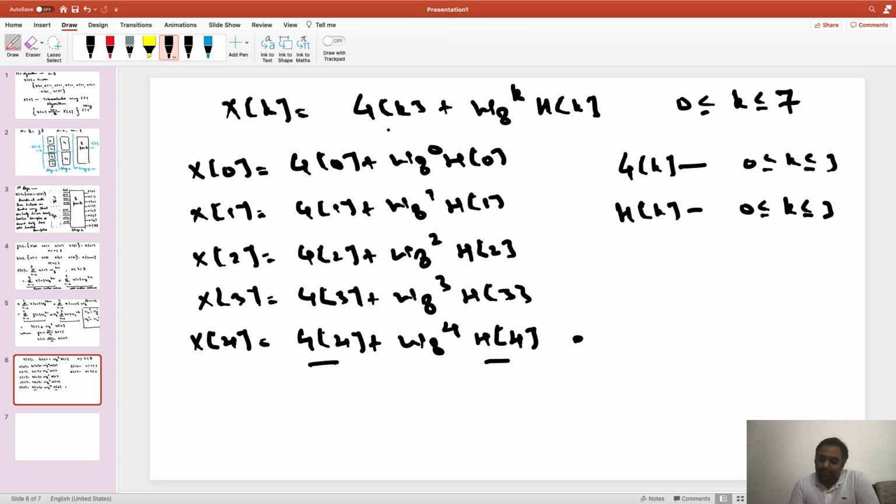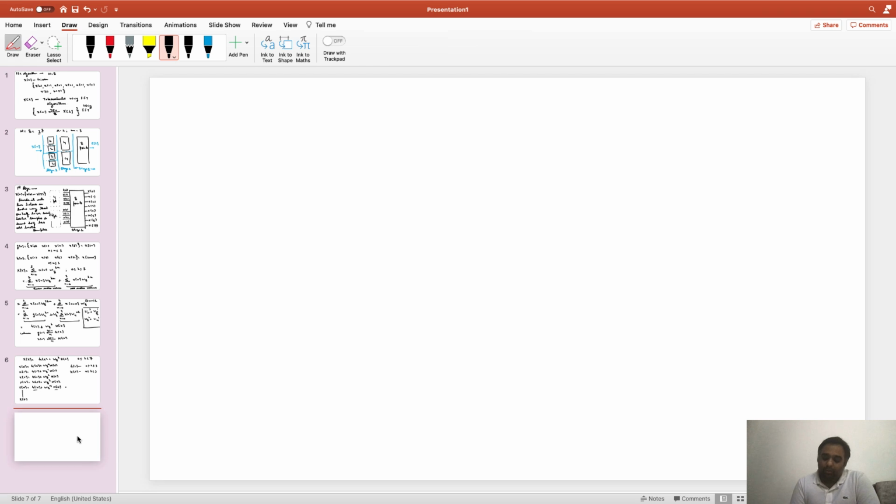So even though this expression is valid for the entire duration for k, which is 0 to 7, we have to find out a way to ensure that we can find the values of capital X4 to capital X7. And if we just use G4 to G7 and H4 to H7, we cannot find it out because we don't have those values in Gk. So what do we do?